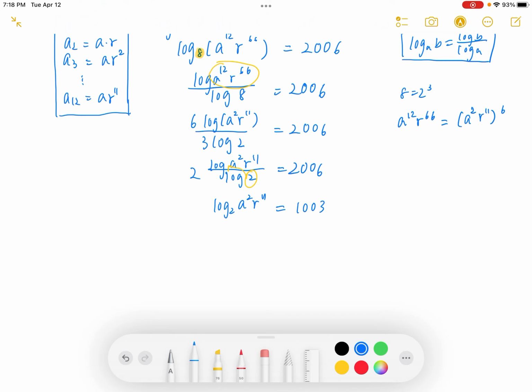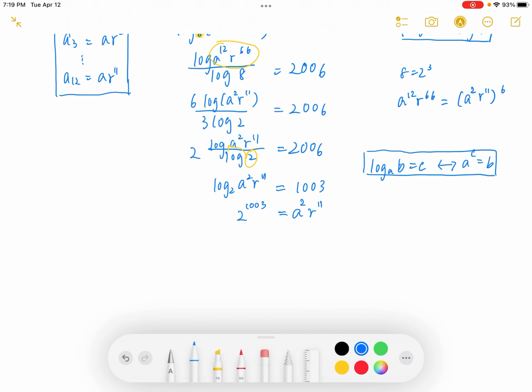Thus, because of the log rules, if log base a of b is equal to c, then a to the power of c is equal to b. So we can implement this rule here. So 2 to the power of 1003 is equal to a to the power of 2 times r to the power of 11. Then we can rewrite a as 2 to the power of n and r as 2 to the power of m.